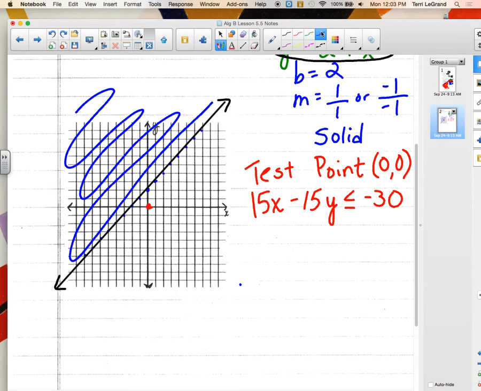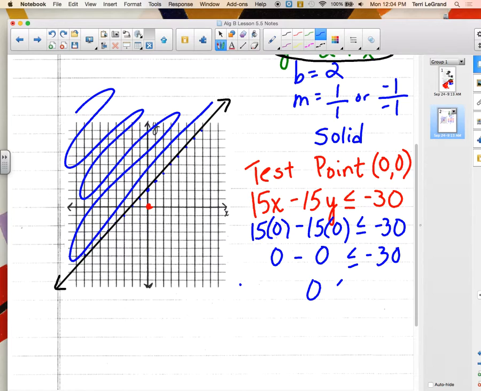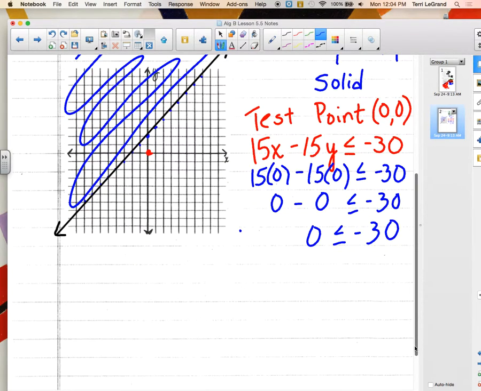So we substitute our zeros in. I end up with 0 is less than or equal to negative 30.